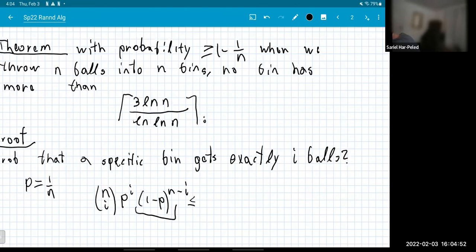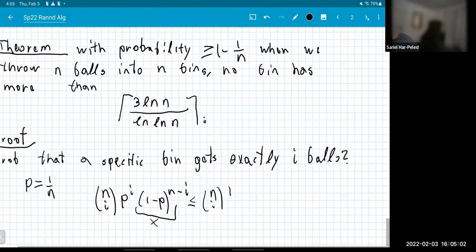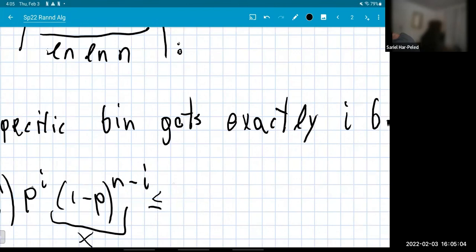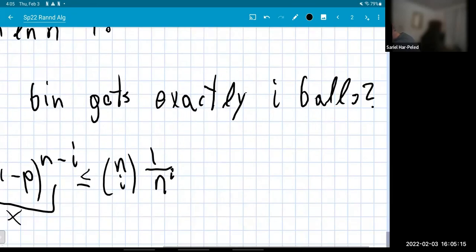This last factor is so small, I'm just going to ignore it. So it's n choose i times 1 over n to the i. Now I'm going to use the lemma that I spoke about earlier, which tells me that the binomial coefficient is bounded by this.